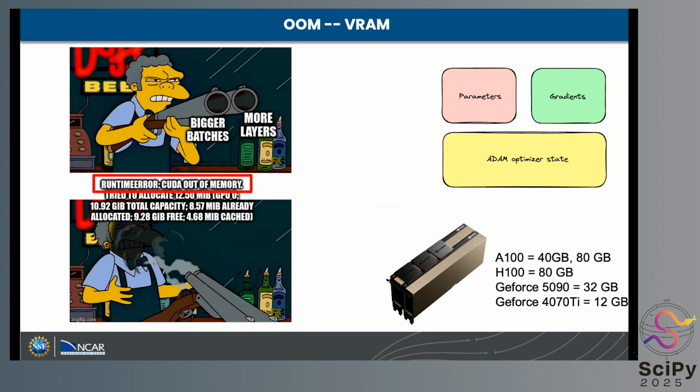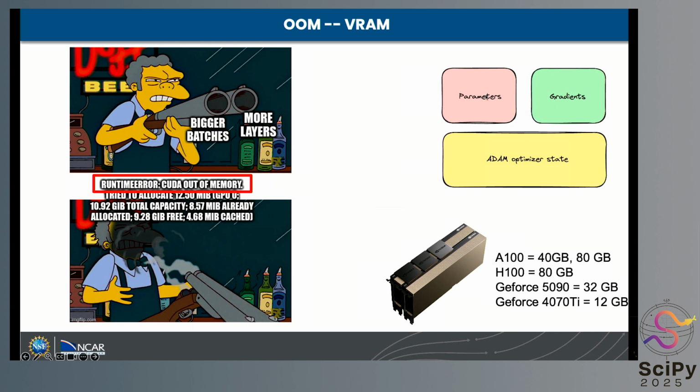I don't know how many of you have seen the runtime error, the CUDA out-of-memory error. Yeah, that's a very frustrating one, I have to say. So technically, you want bigger batches and more layers. You want bigger batches so that you can train easily, but bigger batches usually lead to the runtime error, the CUDA out of memory.